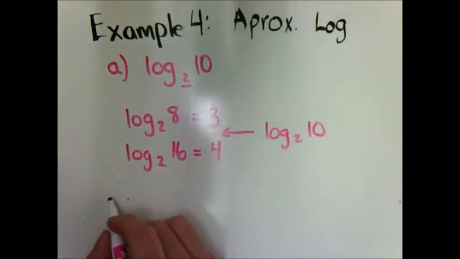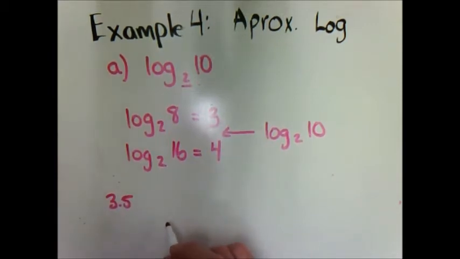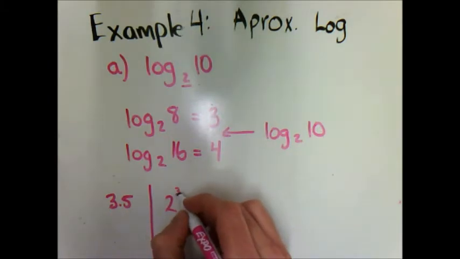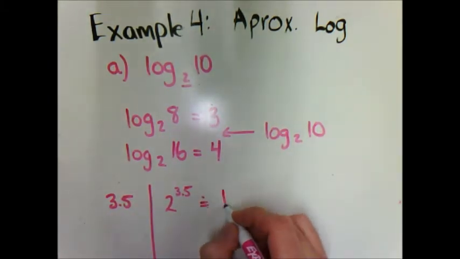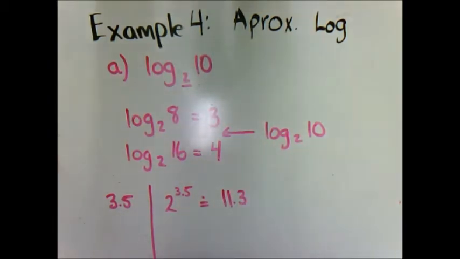At this point, I'm going to do some guess and check, some estimating. Okay, well, let's try an exponent of 3.5. So I've got 2 to the power of 3.5. Well, that equals approximately 11.3. Too high. Let's try a lower value.